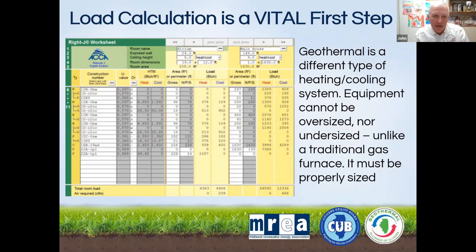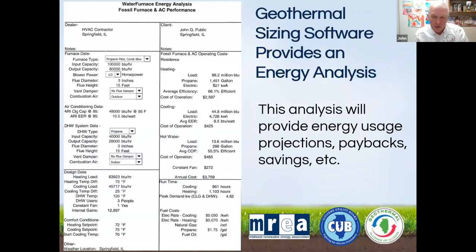And then you take the data that comes from that load calculation and you design the geothermal heating and cooling system, and you run what I call the energy analysis. That's just the terminology I use. Any good geothermal contractor does both of these things, and doing both of these things should be an absolute requirement. You can't guess on either one of them.